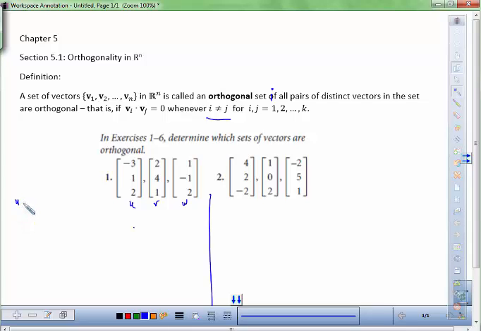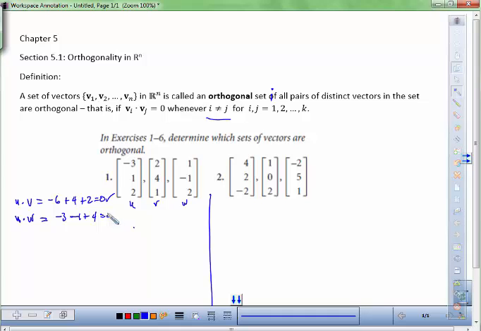So we want U dot V. Remember the dot product gives you a scalar, so we should get a number out of this. -6, better write this down, +4 plus 2. That's equal to 0. So U dot V is 0. U dot W: that's -3, -1, +2, or +4.